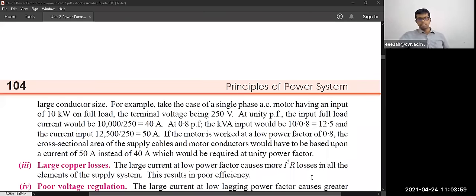With 60 lakhs lost, maybe 100, 200 or 300 workers may lose their jobs in that particular company. This is the seriousness of the power factor.